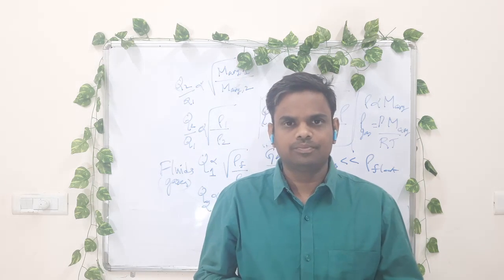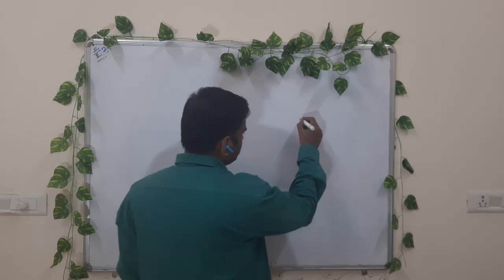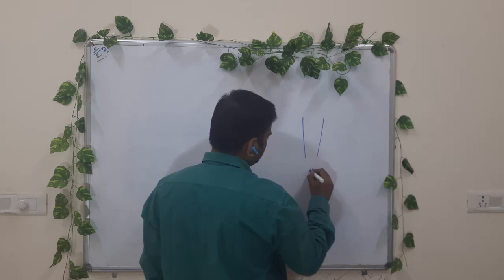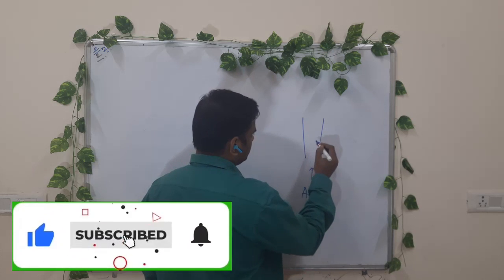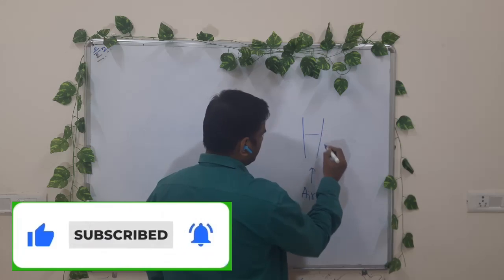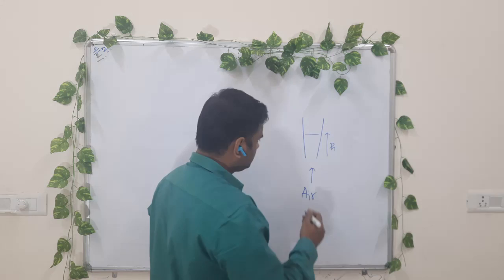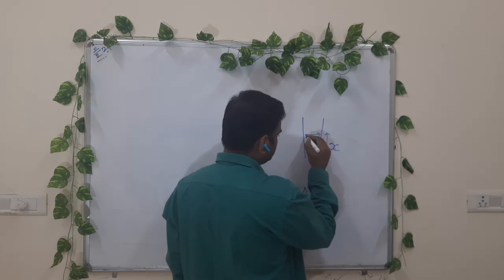Please take down the problem. We have a rotometer through which air is flowing, and at a particular height h, at a location x, the float will be at a particular position.